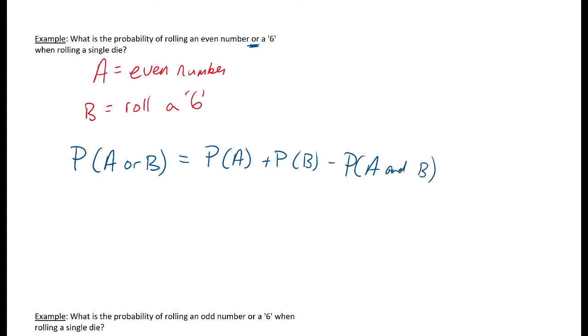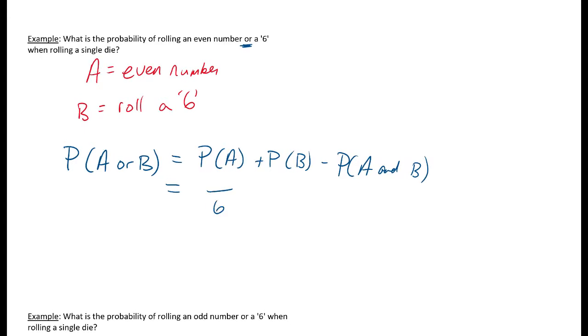All right, here we go. The probability of A. Whenever we're asked to calculate the probability of A, we have to think, okay, what's the probability we roll an even number when tossing a 6-sided die? Well, we know there's 6 possible outcomes when we roll that die. That's our denominator. And how many even numbers do we have on that die? We have 2, 4, and 6.